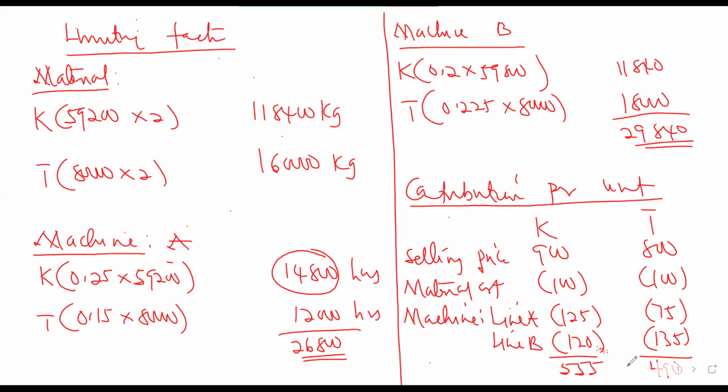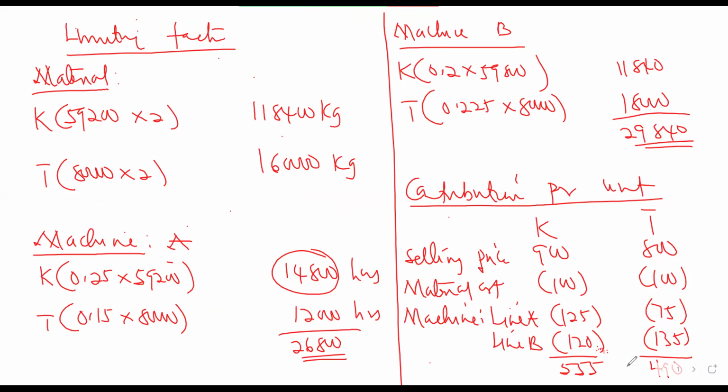I was saying that the limiting factor for product T was two. One has to do with the material, and the other one has to do with machine B. So I wanted to find out, why did you use the material instead of the machine? Okay.